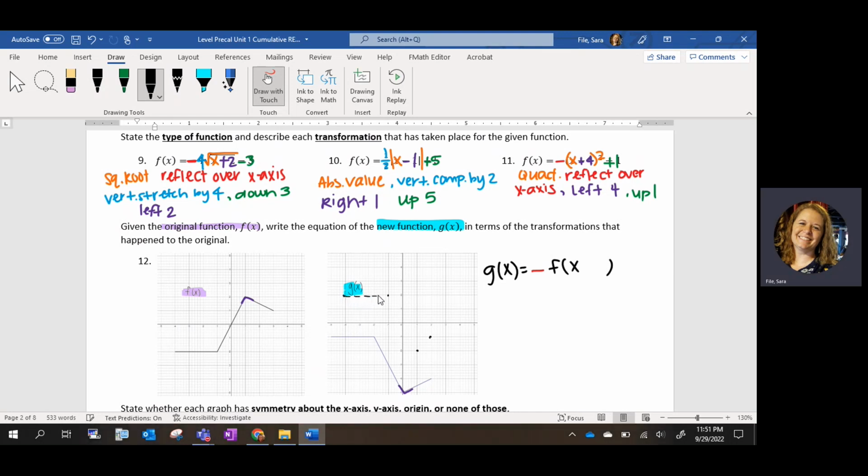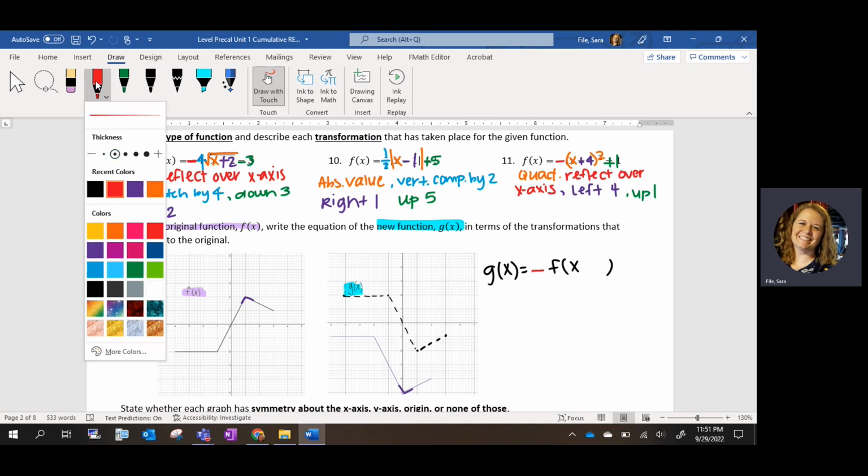So this is like what that graph would have looked like if it was simply flipped over. Oh, and that's not at 2, that's at 3. That's at 3, 1. So it would be at 3, -1 there. There we go. All right, so we can see that one there is where it would be just with the flip, but it's not here, it's down here. So now we can see there's also been some sort of shift.